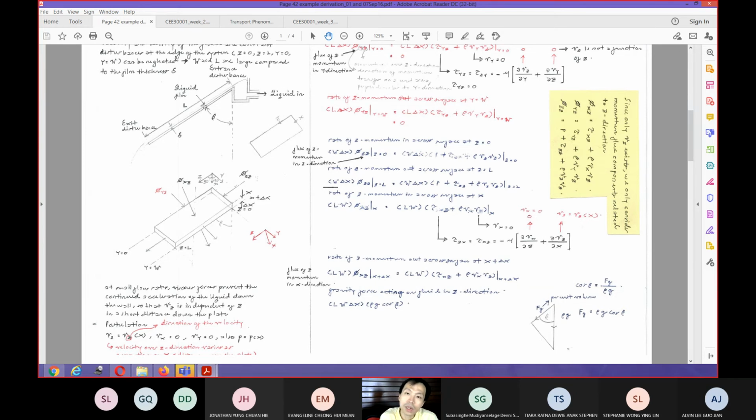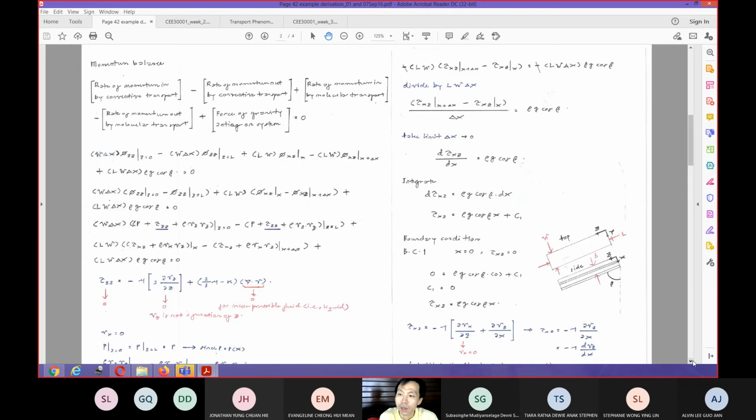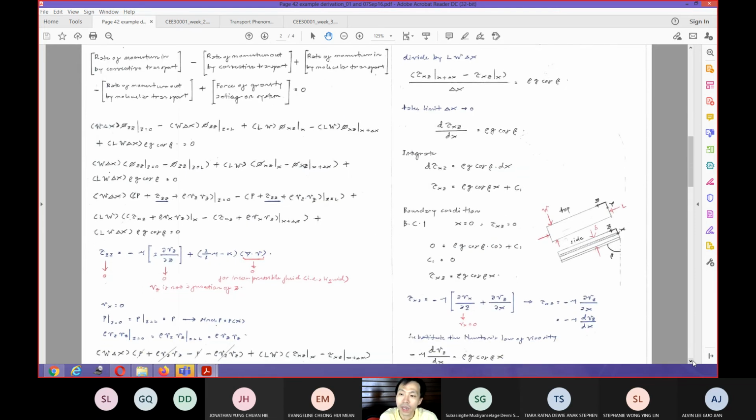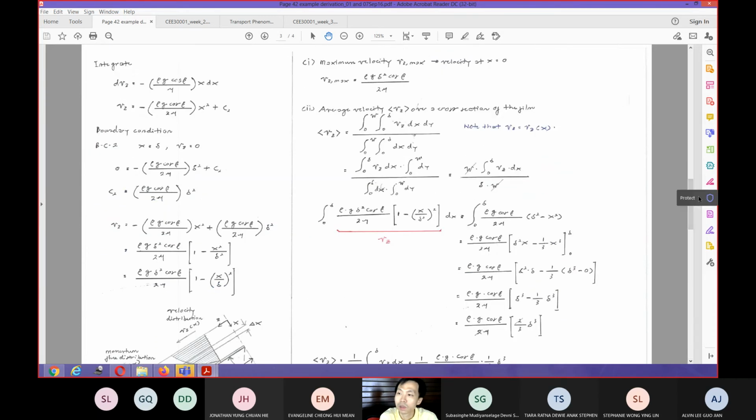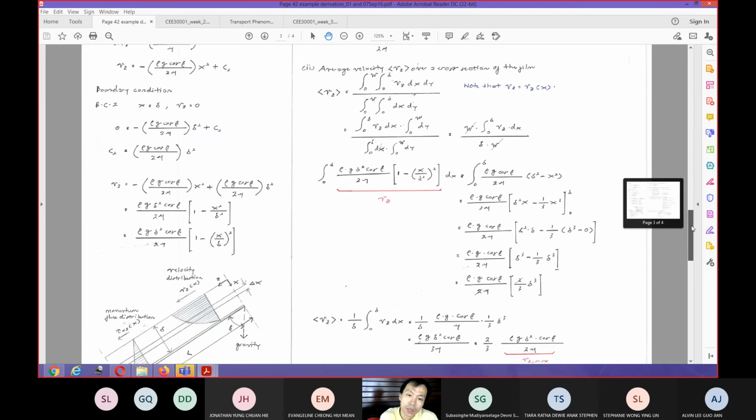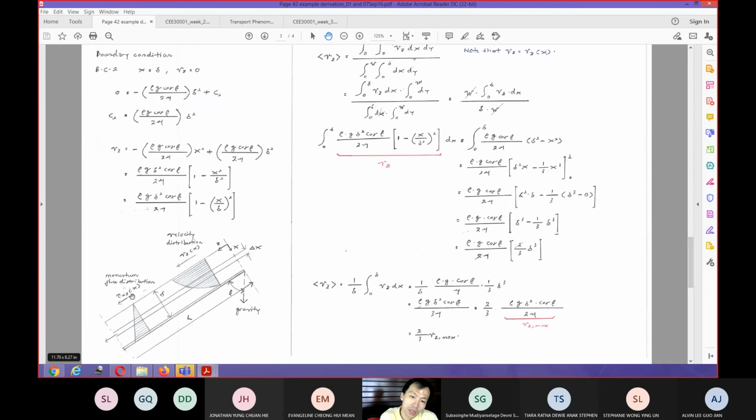At the bottom in here, your shear stress will be rho g cos beta multiplied by the thickness of your film, delta. That is what we can infer. This is what we draw in here in the momentum flux distribution. As you can see, this has a linear distribution.